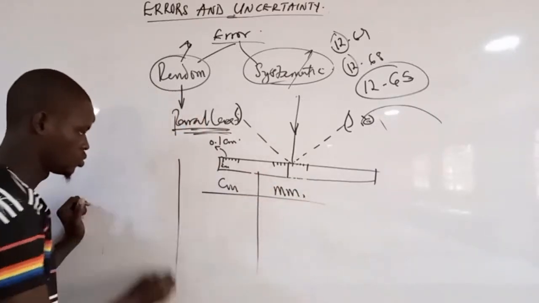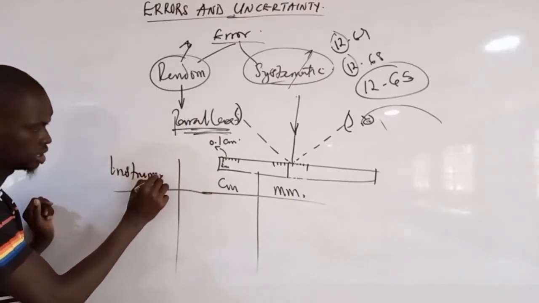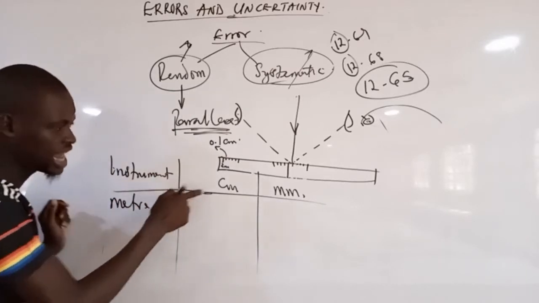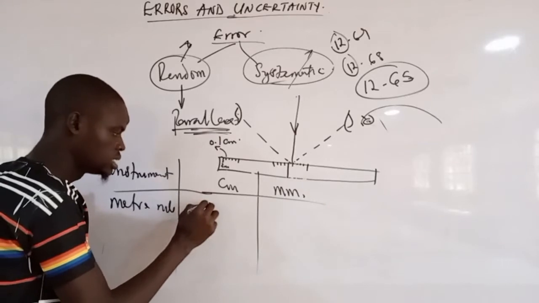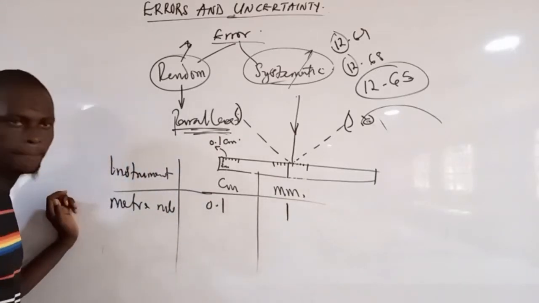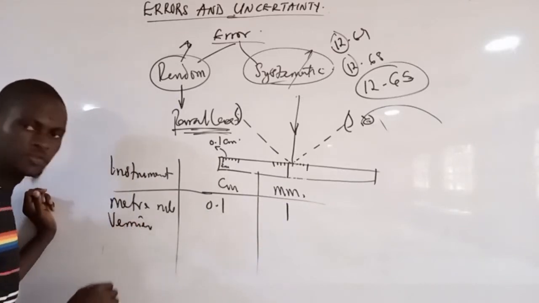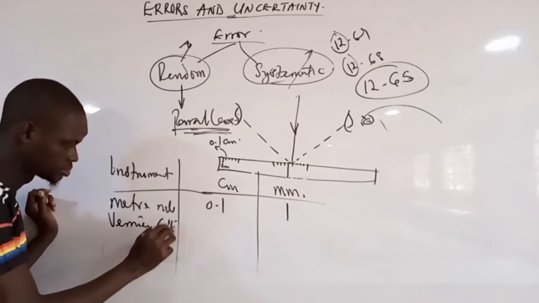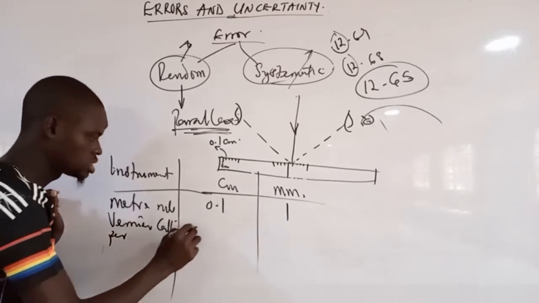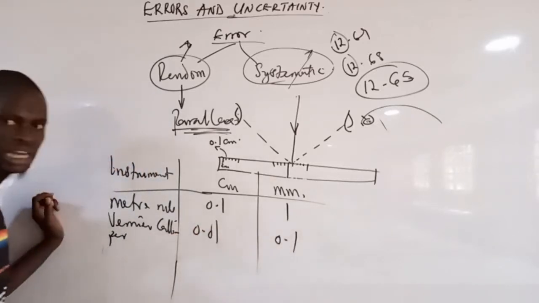For the instruments, let me take it in general. For meter rule, the reading accuracy is 0.1 in centimeter, while 1 in millimeter. For Vernier caliper, the reading accuracy is 0.01 in centimeter, while 0.1 in millimeter.